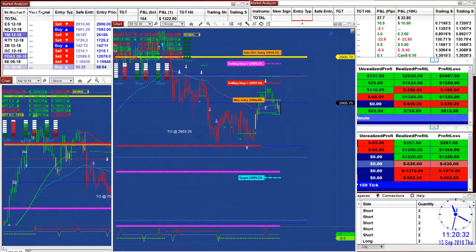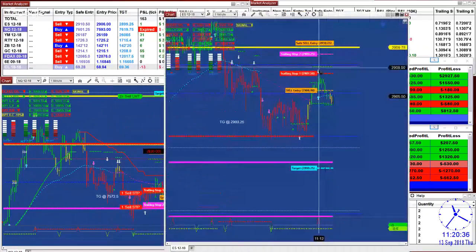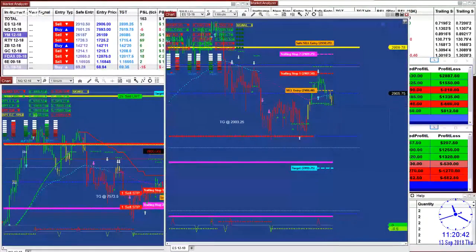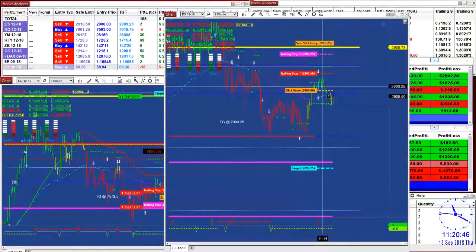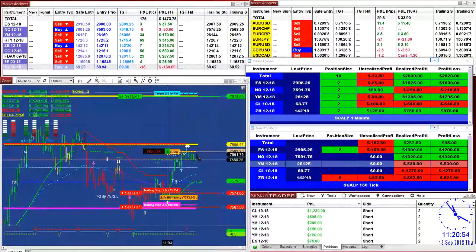What is really causing this Nasdaq not to go any further is that there was a little drop down to the projection on the ES, just when we were about to have a new signal on the YM. This ES has dropped a little bit, so it's causing a little delay for the Nasdaq to move.